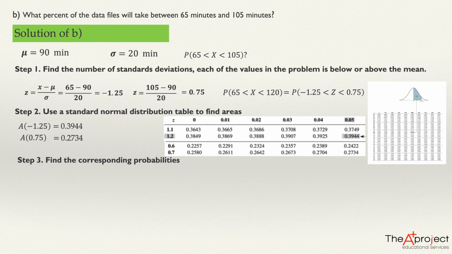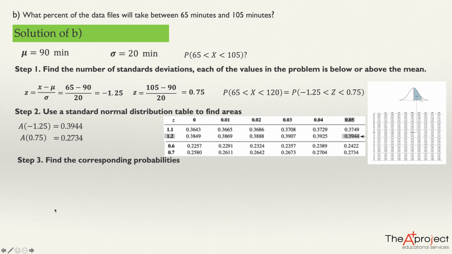So the answer is actually answering the question. It's a good idea to make a sketch. I'm going to sketch the normal distribution with the value negative 1.25, which, being negative, must be at the left of 0.